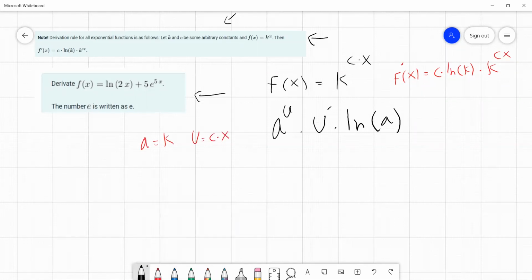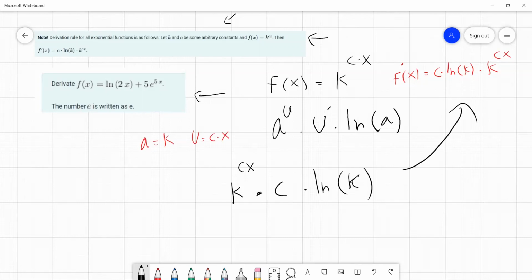So a to the power of u would just be k to the power of c times x, times the derivative of u. The derivative of x would just be 1, and c is the constant, so it stays. So it's c times 1. So we can just write c over here times ln a, which in our case, a is just k. And look, we derived the same conclusion.